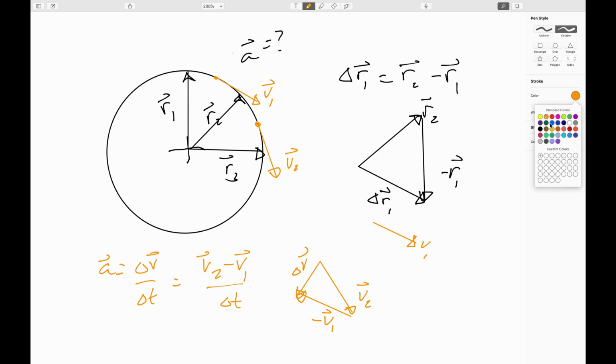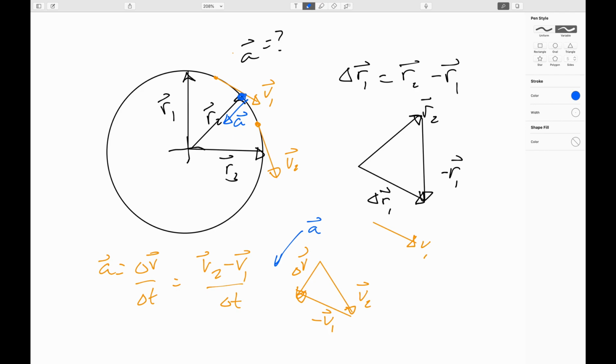So then that means that the acceleration is pointed in the same direction. This would again be at the middle of the interval, so at this location right here. What we end up getting is the acceleration points into the center of the curve if you are going at a constant speed.